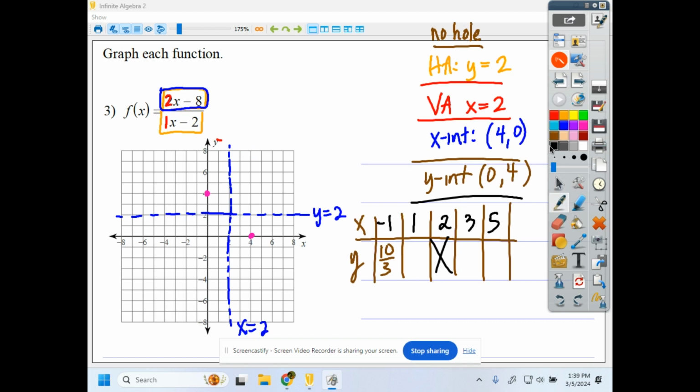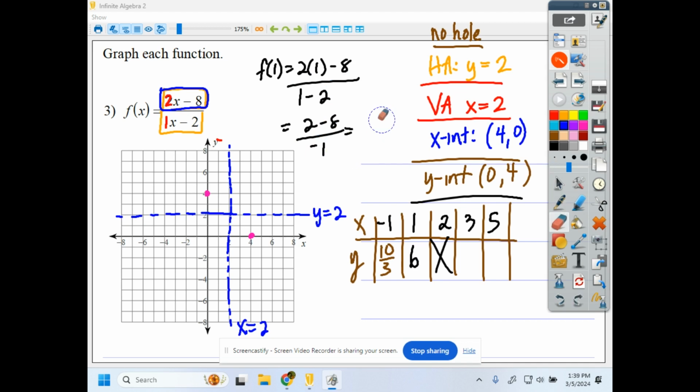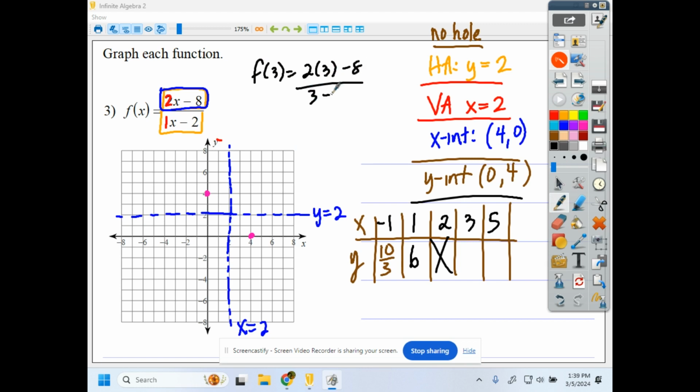Next, we're going to plug in the 1. f of 1 is 2 times 1 minus 8 over 1 minus 2. That will give you 2 minus 8, negative 6, over negative 1, or just 6 here. Now you plug in the 3. f of 3, 2 times 3 minus 8 over 3 minus 2, 6 minus 8.